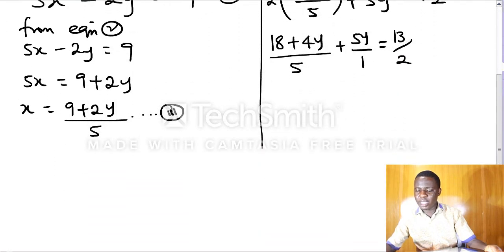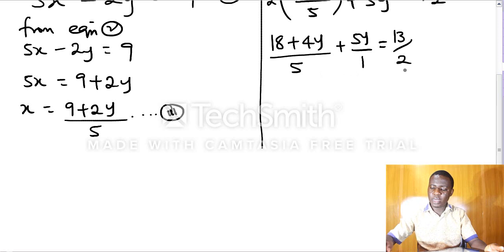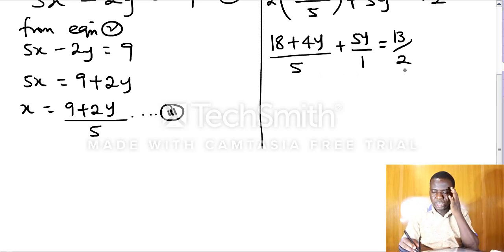In order for me to clear the fractions, I'm going to multiply every term of the equation by the LCM of 5, 1, and 2, which is 10.